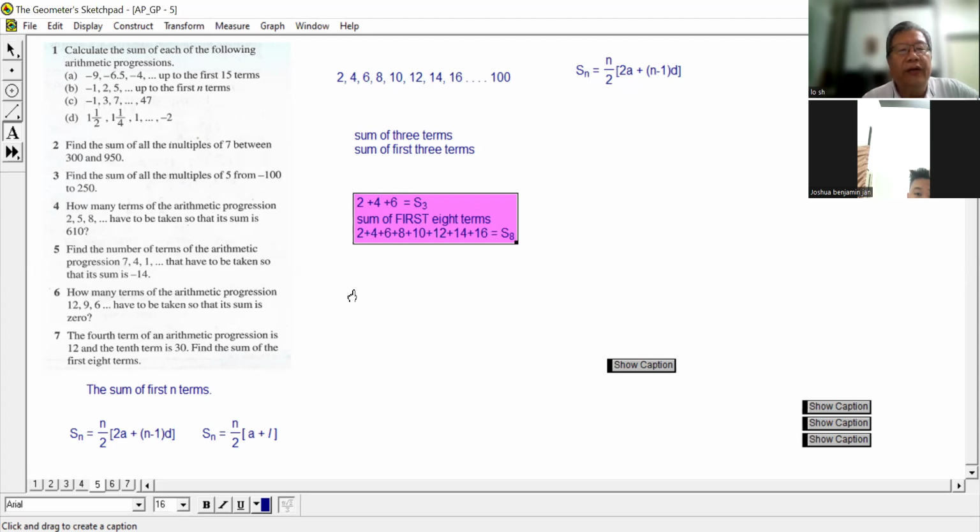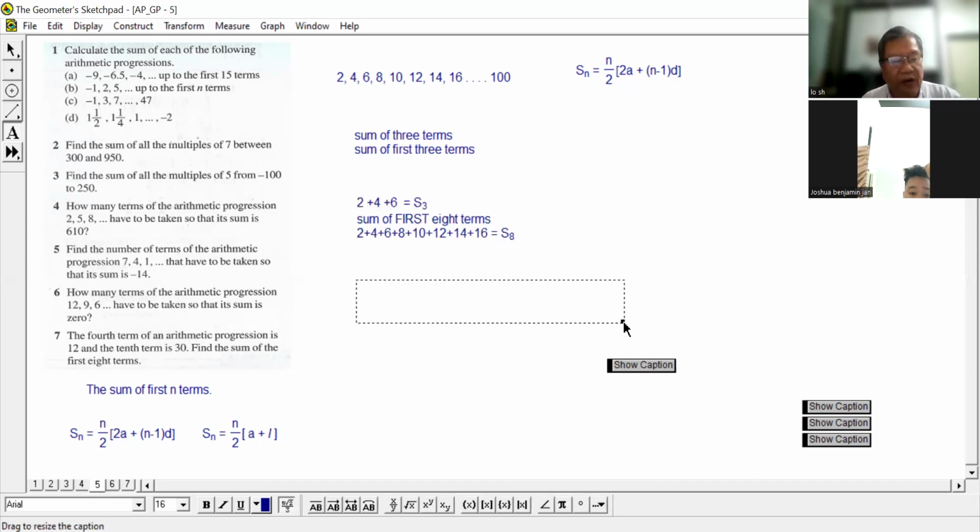We continue with the sum of first n terms. Now, if you look at this sequence, this is an arithmetic sequence, 2, 4, 6, 8, 10, and so on. Let's say I want to find the sum of the first four terms, 2, 4, 6, 8.